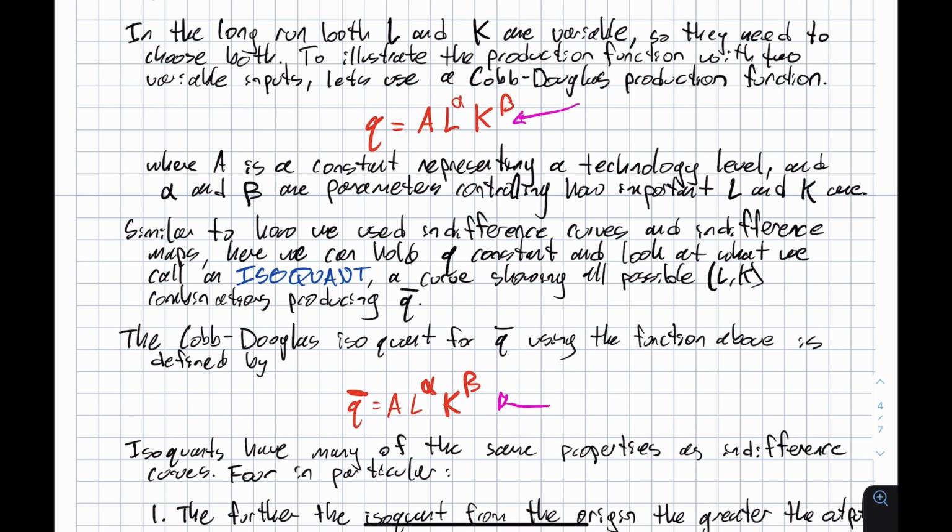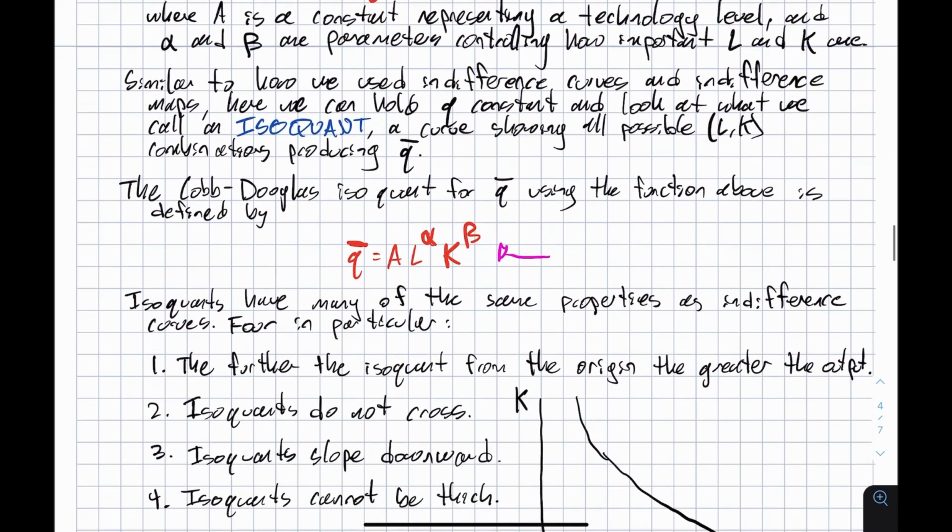So as you can just intuitively look at this, as we increase one input, we have to trade it off with the other input. So we're decreasing the other input, which is very similar to what you would expect with an indifference curve.